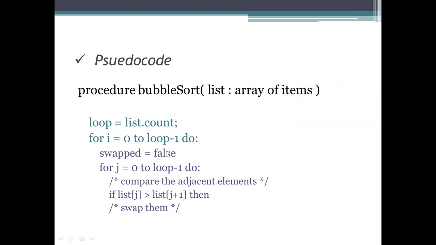For that, first we need to handle swapping. Initially, no swapping has been performed, so swap will be false, and we start comparing the adjacent elements. If any element is greater than the compared one, we swap the values.